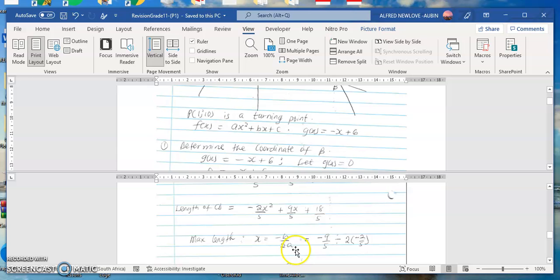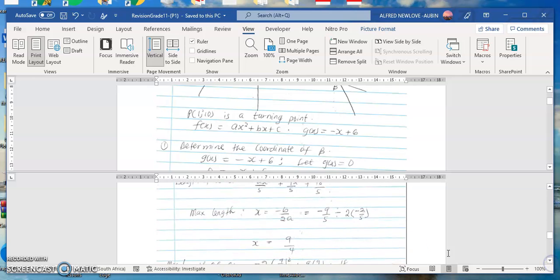Then we know that to find the maximum or the turning point, the maximum point is minus b over 2a. So minus b, what is my b, is this one, divided by 2, what is my a, it's minus 2 over 5. If you simplify this, I'm going to get 9 over 4.